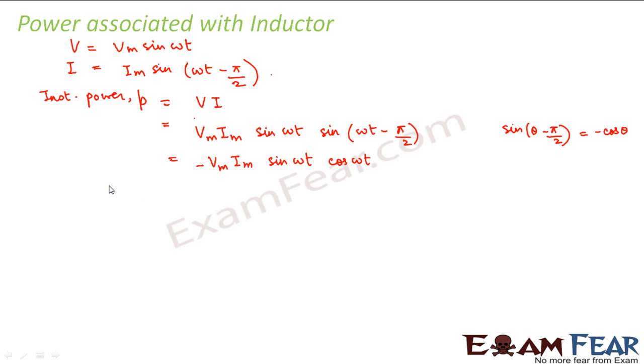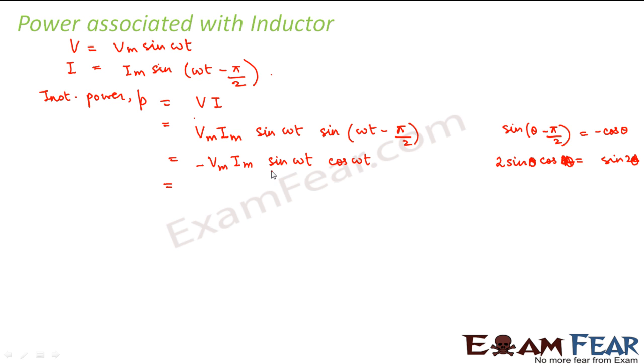Right? Now we know that 2 sine A cos A is equal to sine 2A, or you can write it as theta. 2 sine theta cos theta is equal to sine 2 theta. This is another trigonometric identity.